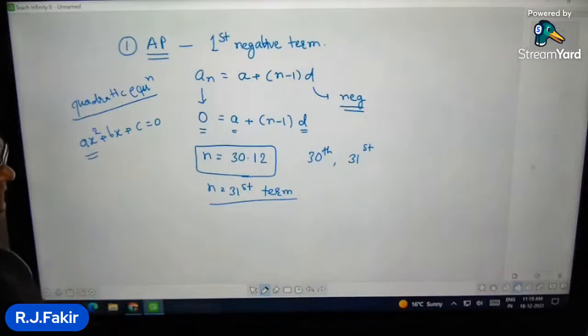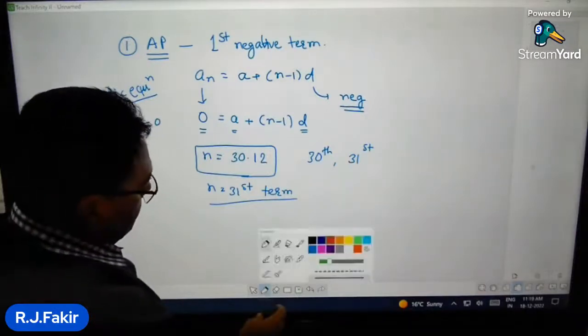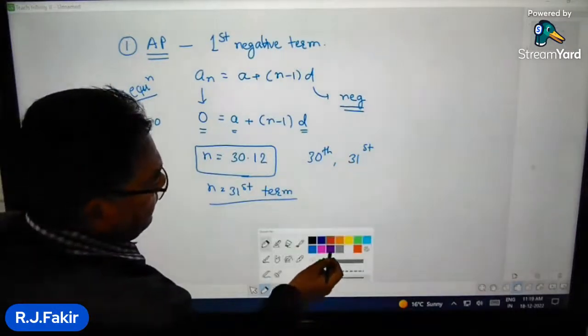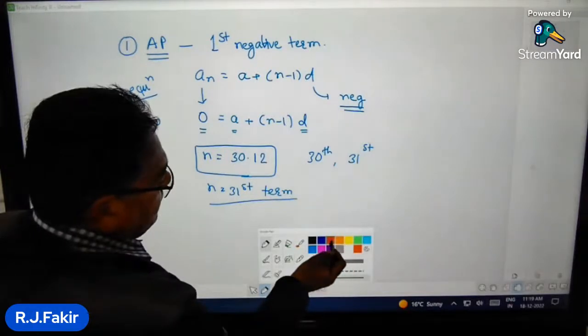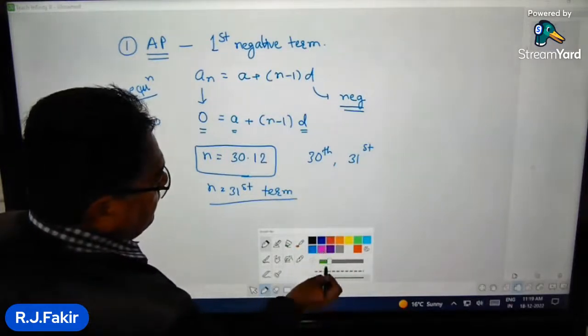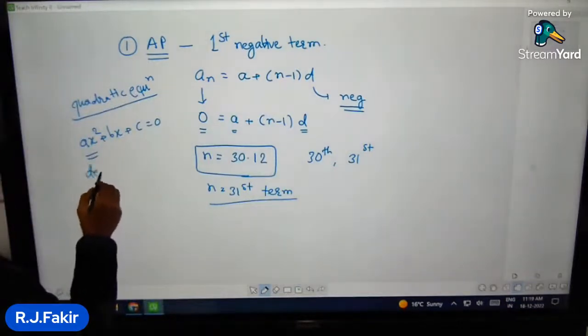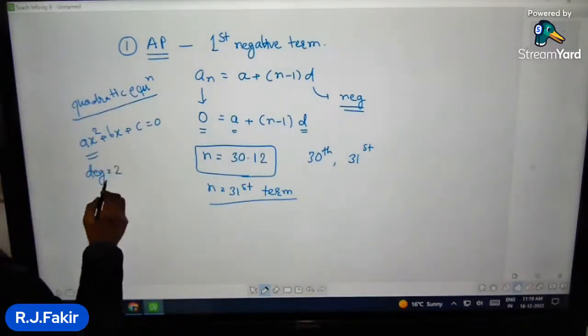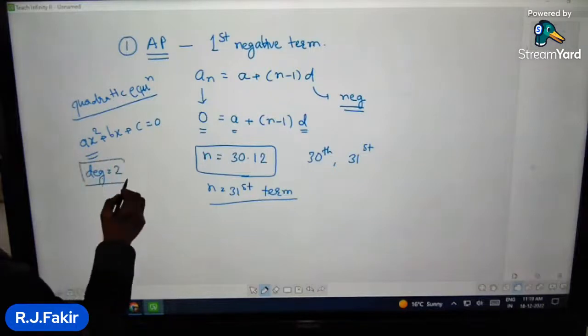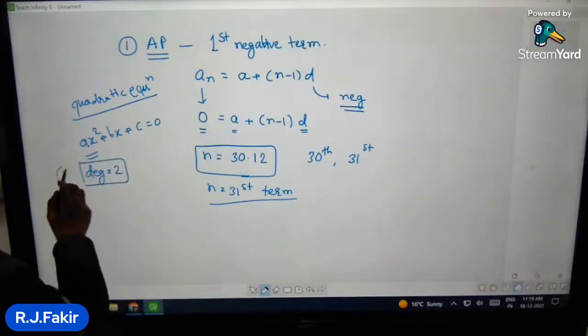Now what is important in quadratic is, the important thing is it should have a degree of 2. This is the first thing.